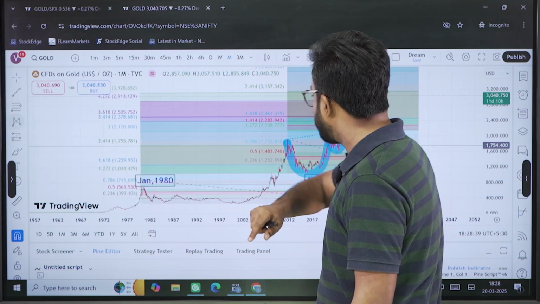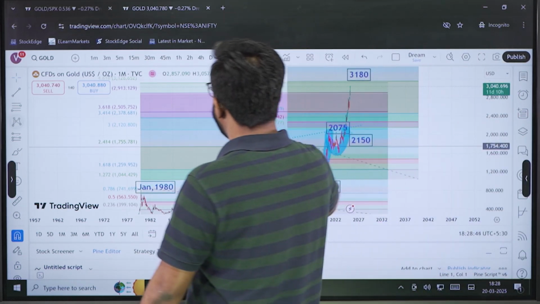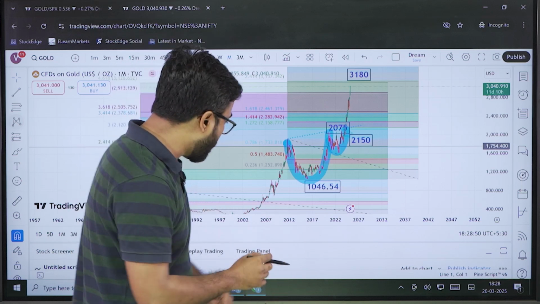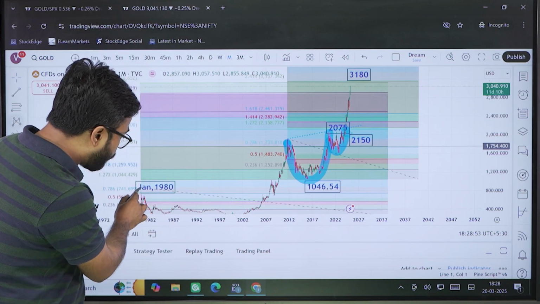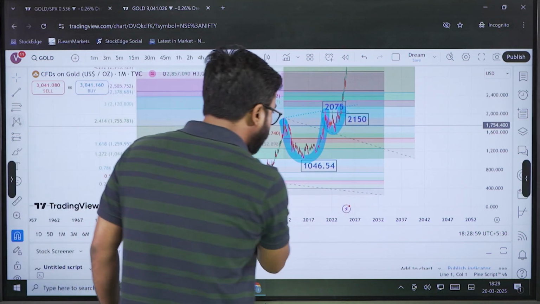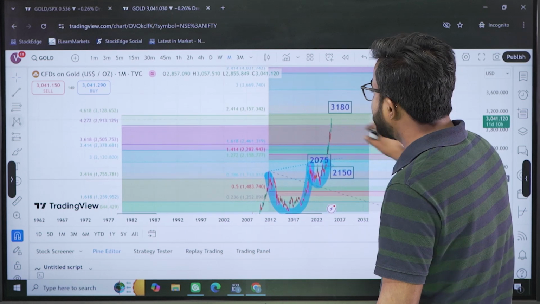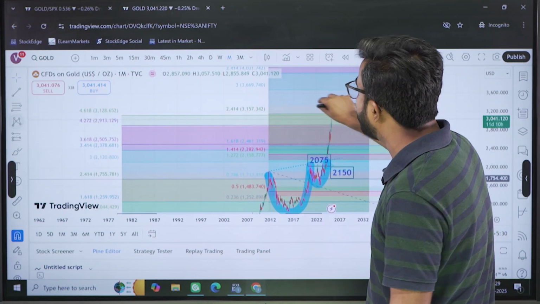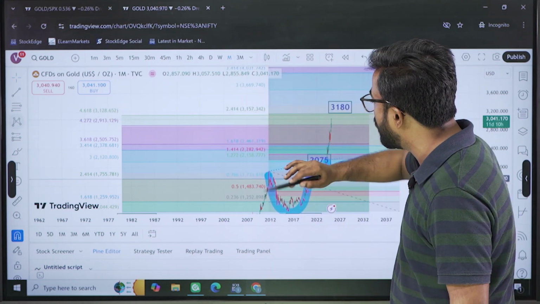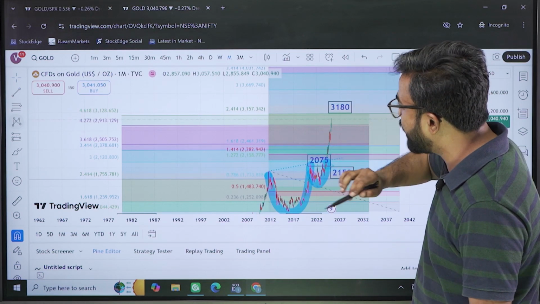From these Fibonacci levels, we can consider that this 3180 or 3160 level is very important, because one level I have drawn from here to the lowest point over here, and another Fibonacci I have connected from this particular point to this particular low, and there is a confluence of Fibonacci levels around 3130, 3160, and this cup and handle breakout target is coming around 3180, right?